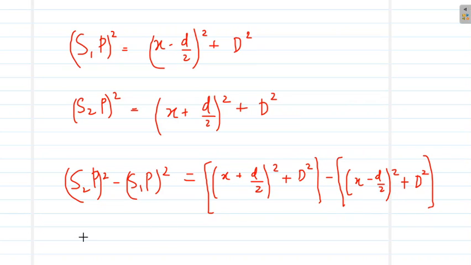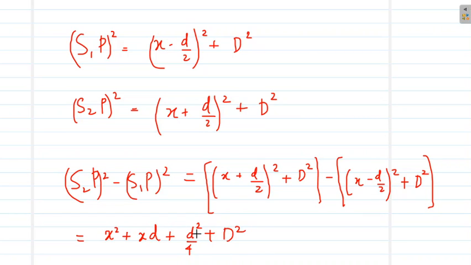Now expand each of the terms here. Here we have x square plus 2 times x into d by 2, which will be x into d, plus (d by 2) the whole square, which will be d square by 4, plus d square.